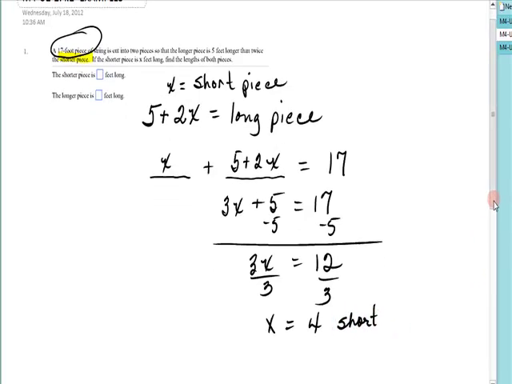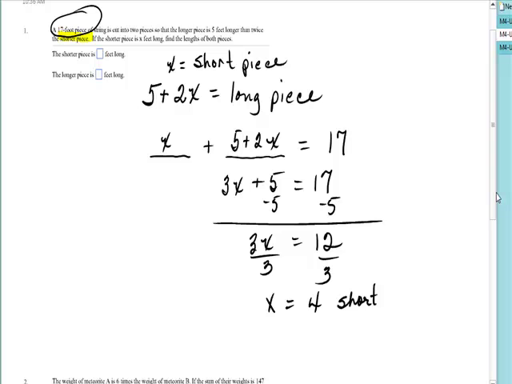How do you find the long piece? Well, there's more than one way. My preference is to take this expression, 5 plus 2X. Put the value you got for X in the place of X. That's 5 plus 2 times 4. Simplify that. 2 times 4 is 8, plus 5 is 13, and that's the long one.